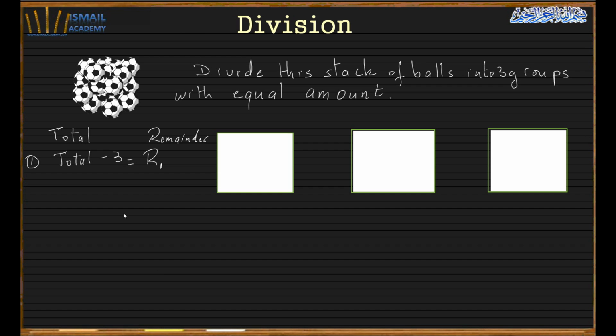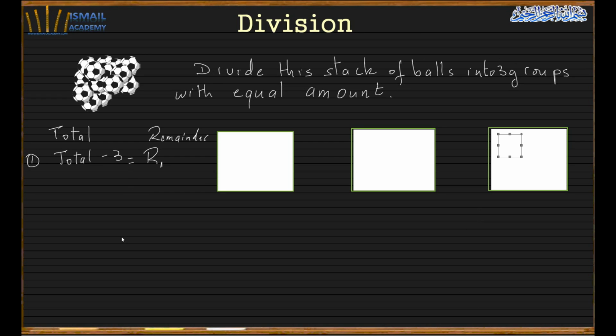So I reduce by 3, and whatever is left now is my first remainder. Then what I do next, I put each ball into the box. Then I check, is my first remainder greater than 3? Yes, obviously it's greater than 3.